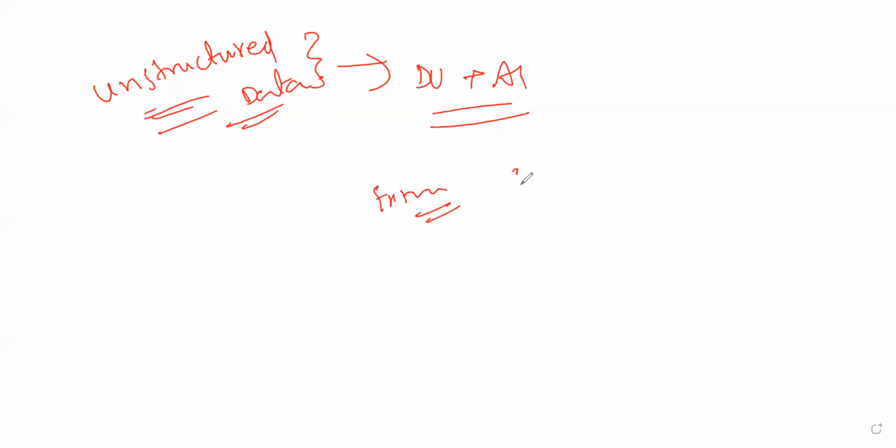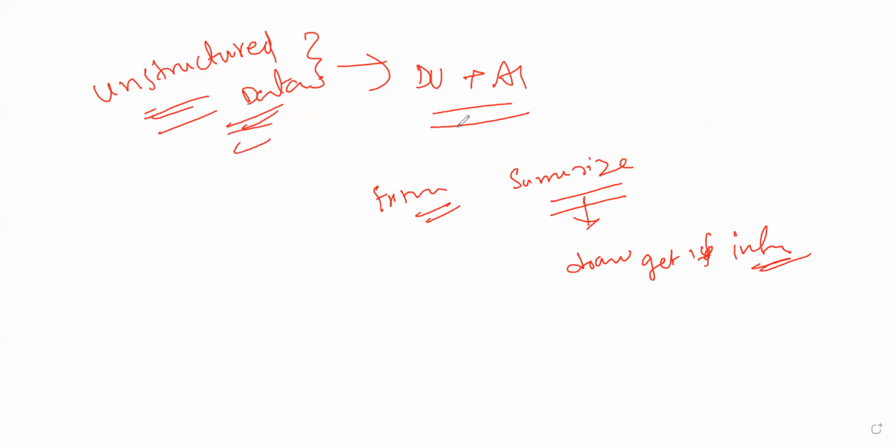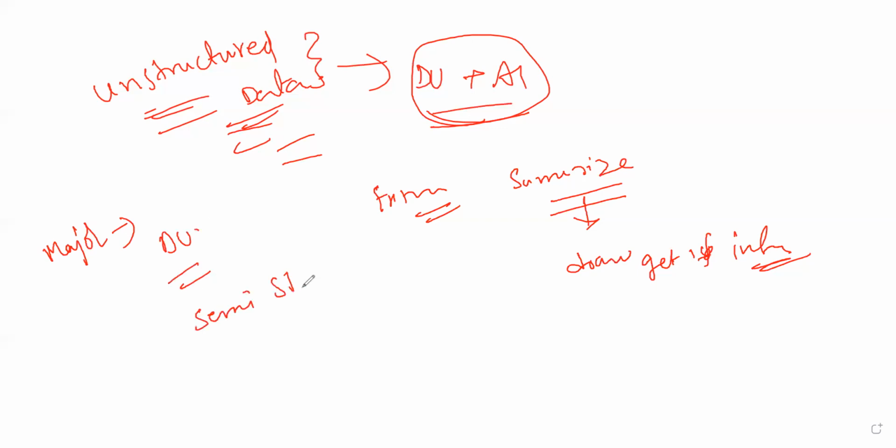We need to summarize the text, and on top of that, draw the values or get the information. So for completely unstructured documents, we need to use artificial intelligence along with document understanding in order to automate these processes. The major advantage of document understanding we are going to get is with semi-structured and unstructured documents.